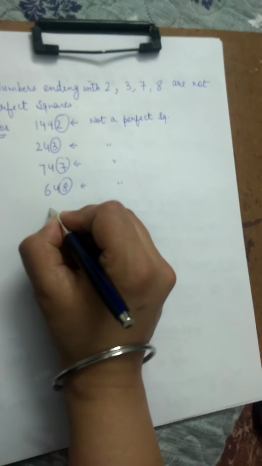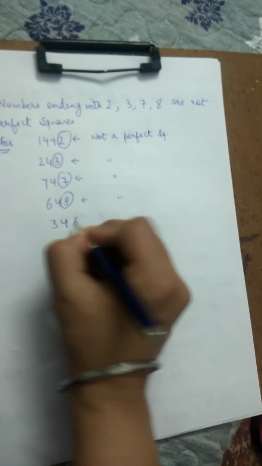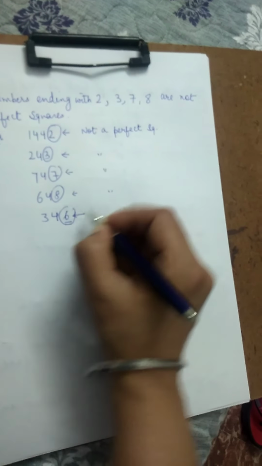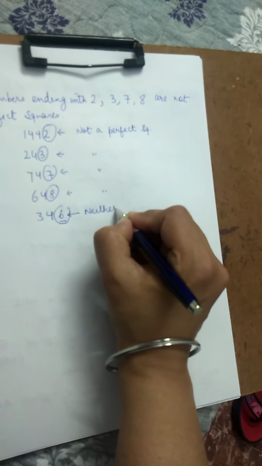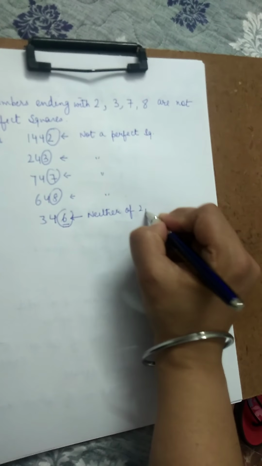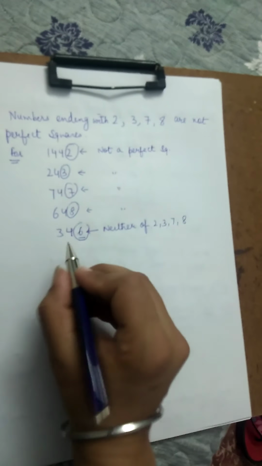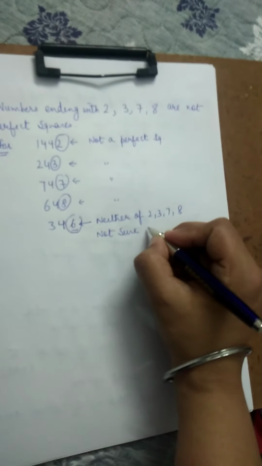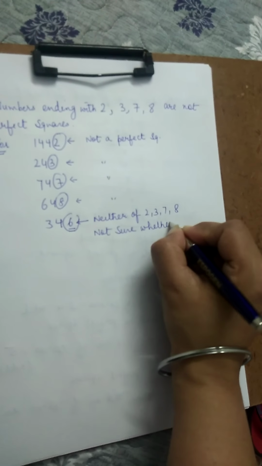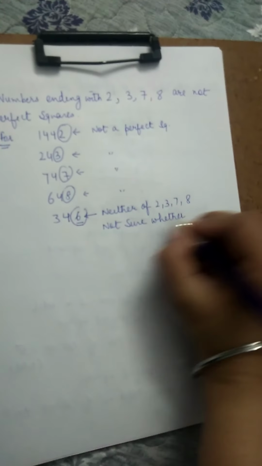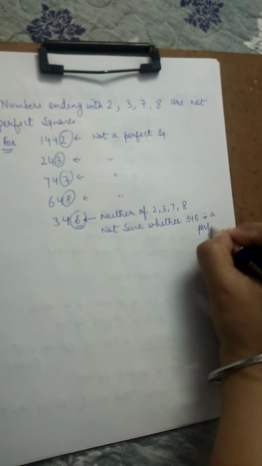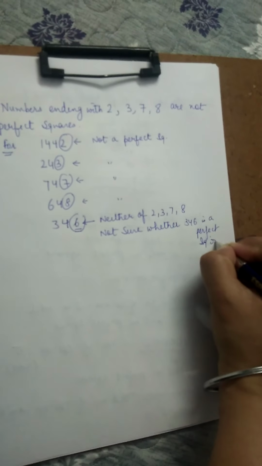If I write 346, since the ones place is neither of 2, 3, 7, 8, I am not sure whether 346 is going to be a perfect square or not.